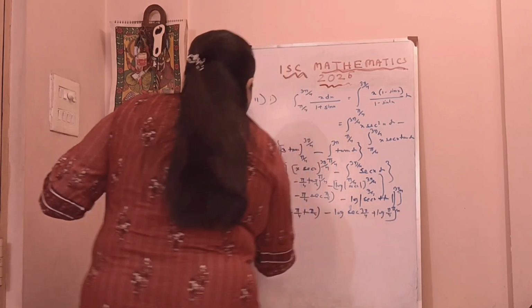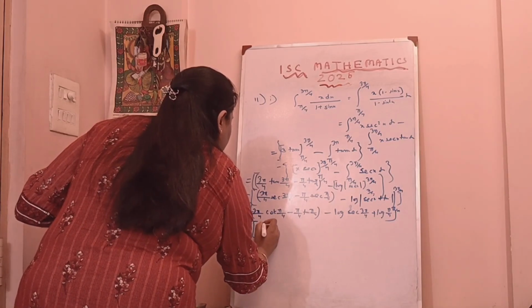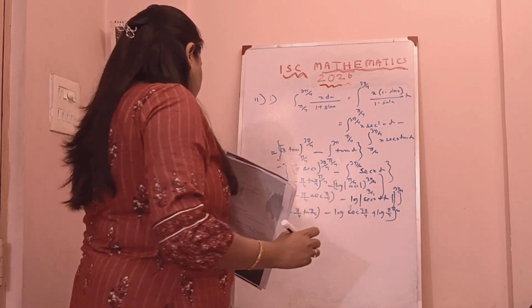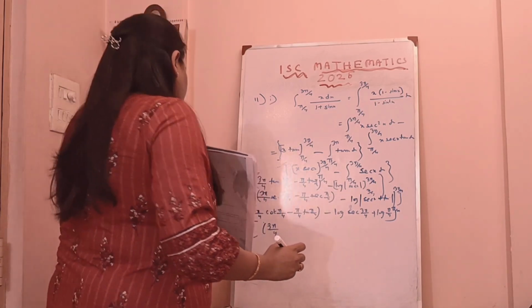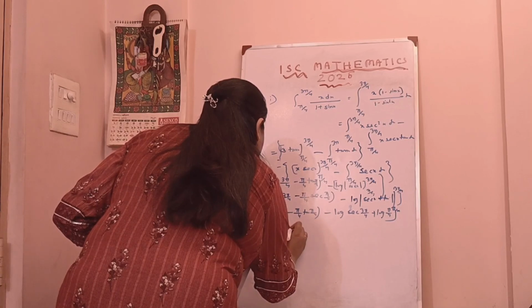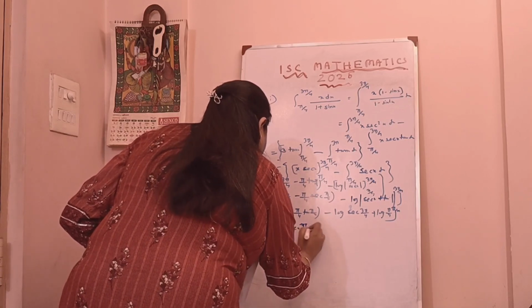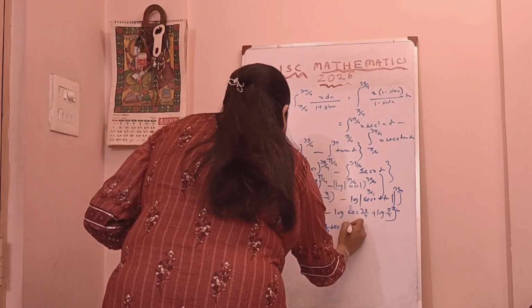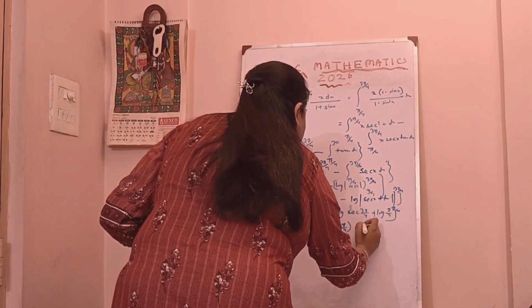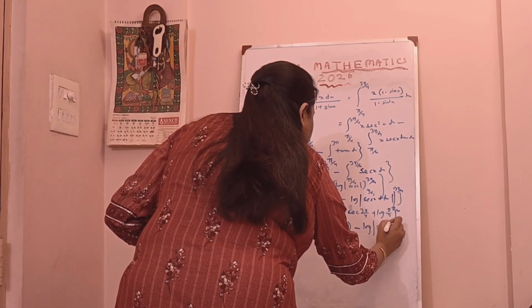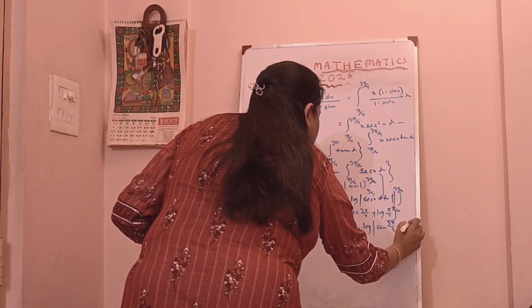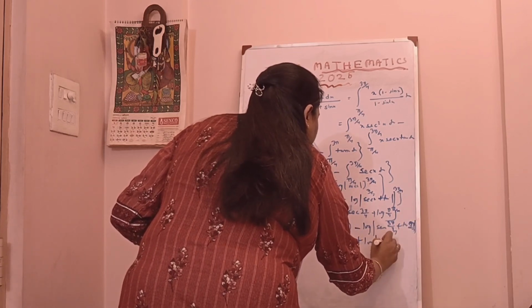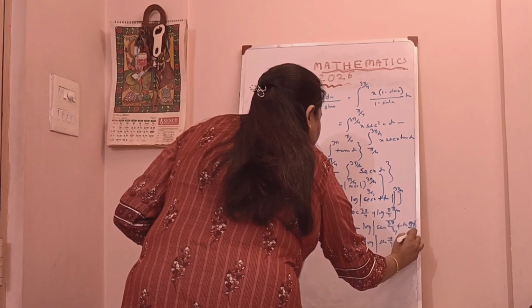Okay, this is another part: minus 3 pi by 4 times sec 3 pi by 4. Sec 3 pi by 4 means minus cosec pi by 4, minus pi by 4 times sec pi by 4, minus log of sec 3 pi by 4 plus tan 3 pi by 4, plus log of sec pi by 4 plus tan pi by 4.